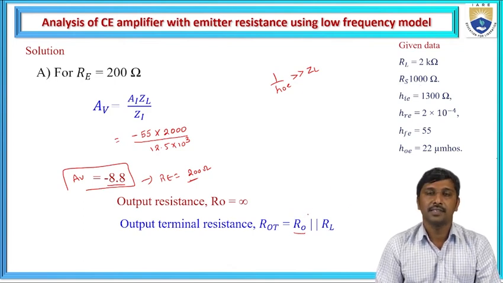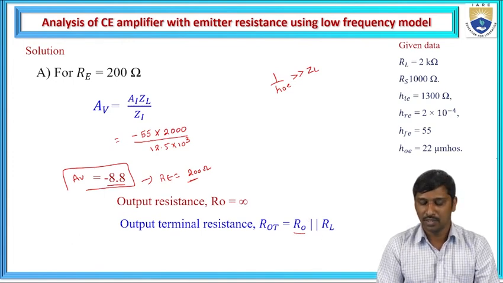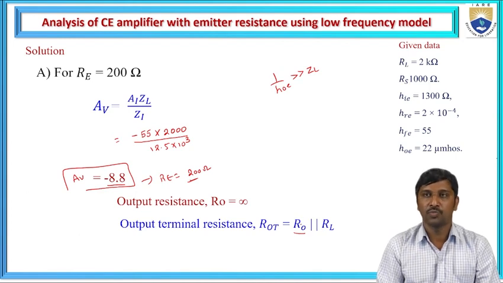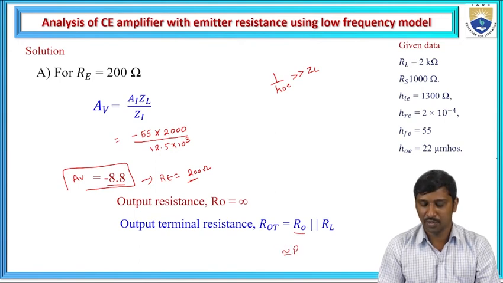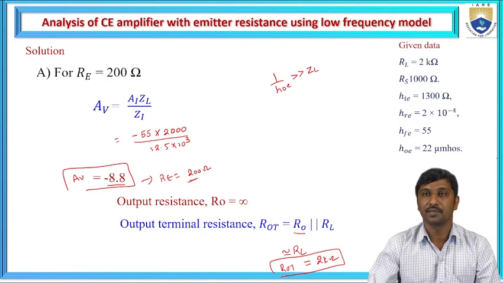If the two resistances are unequal, the parallel resistance is always close to the smaller resistance. So in this representation, the output impedance is very large and RL is 2 kilo ohms, hence the total parallel impedance is approximately equal to the RL value. They gave RL as 2 kilo ohms, hence the ROT value is 2 kilo ohms.